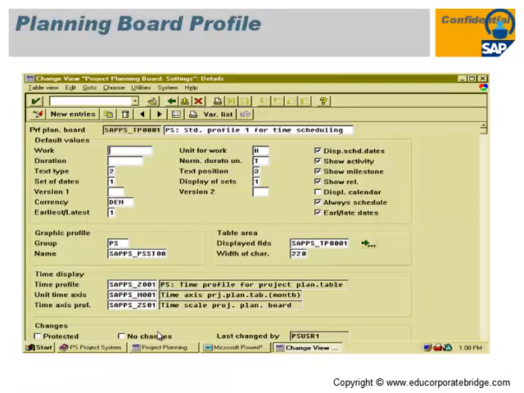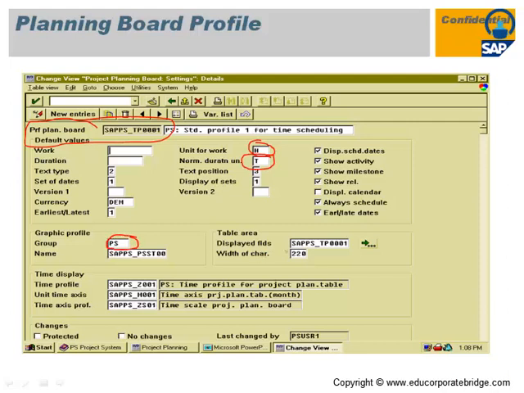To run the project planning board, you have to maintain the planning board profile, which is part of the configuration. This is the planning board profile maintained here. SAP PS underscore TP0001 is a standard planning profile provided by SAP, or you can configure your own profile as per your requirement, where you can maintain the work unit, which the system stores by default, then the normal duration unit, whether it is hours, and the group name, which is always PS.